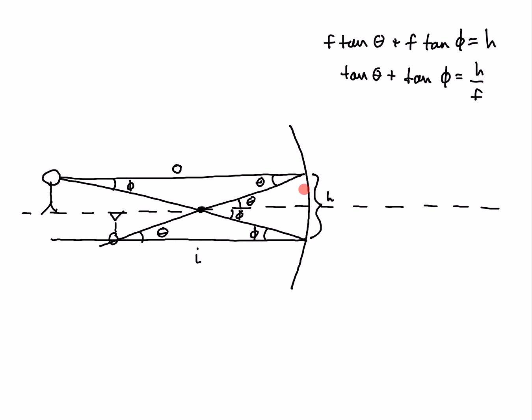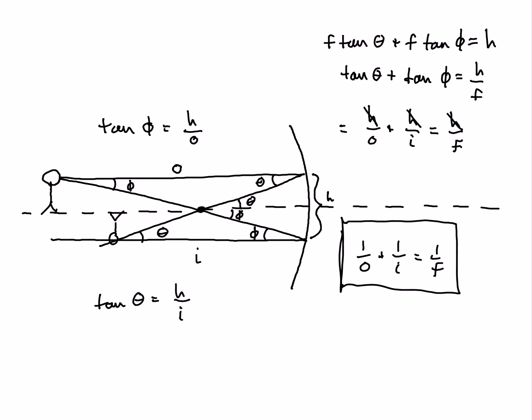Then from this triangle, we get that the tangent of phi is h over O, and from the other triangle, we get that the tangent of phi is h over I. Substituting into this equation, we get h over O plus h over I equals h over f. Canceling out the h's, we are finally left with the lens equation. 1 over the object distance plus 1 over the image distance is equal to 1 over the focal length.